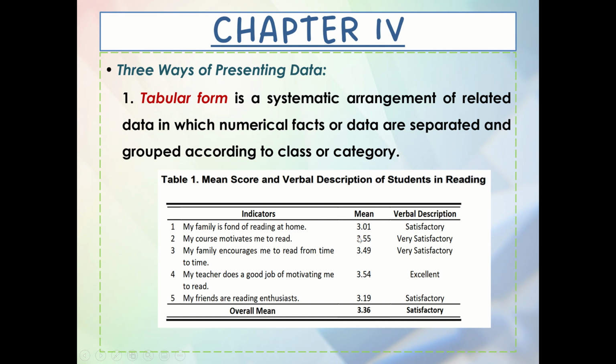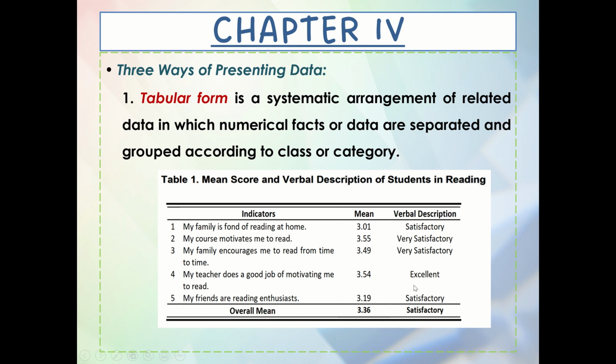So, you have this one aligned with your questionnaire or with the instruments of your study. Kung ano yung naka-questionnaire, pinapakita lang dito yung result for each question. So, ayun. So, you have the indicators. Ito yung statements. Tapos, ito yung mean. Okay? Ng sagot ng mga respondents. Okay?